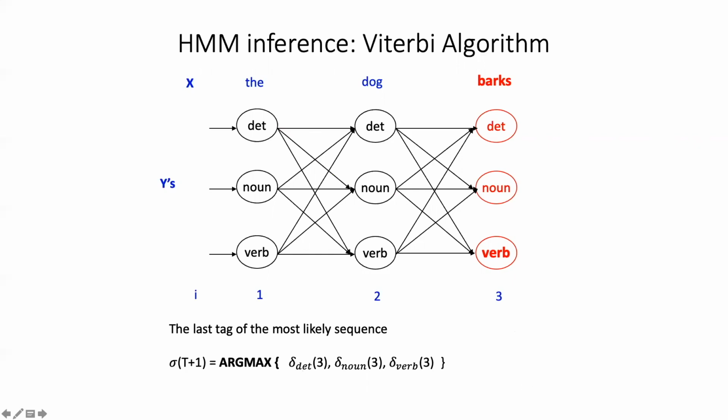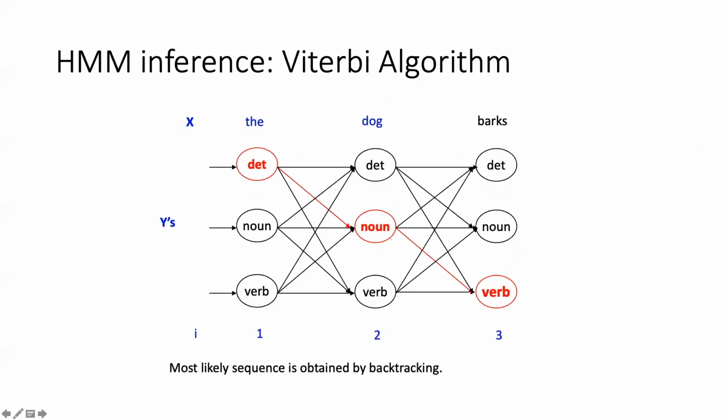After obtaining this, we try to find the previous best path, and going further backward, we can decode the whole possible state sequence. So this is the inference algorithm, Viterbi. This is similar to the dynamic programming you might already be familiar with.